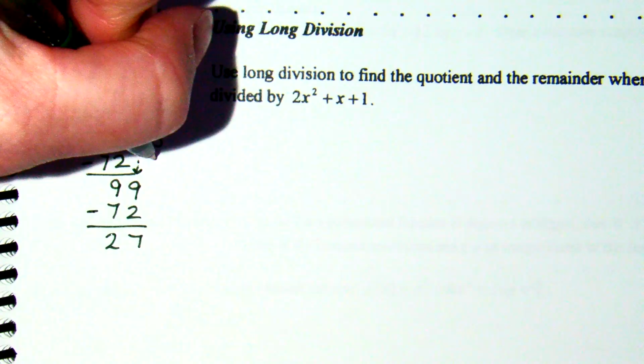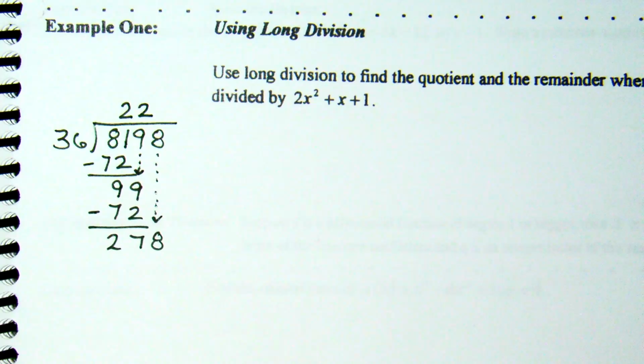Repeat the process one last time. And drop down the 8. 36 into 278. Well, I know 3 36s is 108. So then I can jump to 6 36s would be 216.